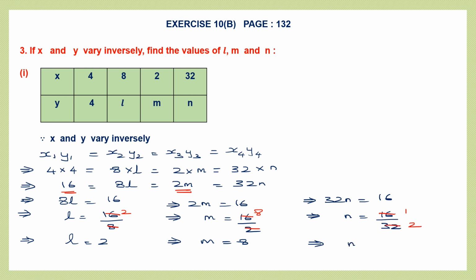So N is equal to 1 by 2. You can also convert this to a decimal number. So N becomes 0.5. When you divide 1 by 2, you get 0.5. So we've got our answers. L is equal to 2, M is equal to 8, and N is equal to 1 by 2 or 0.5.